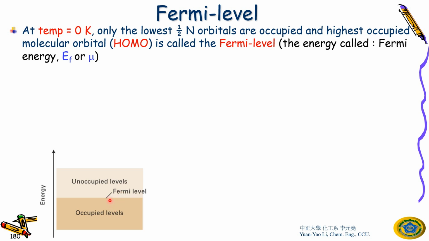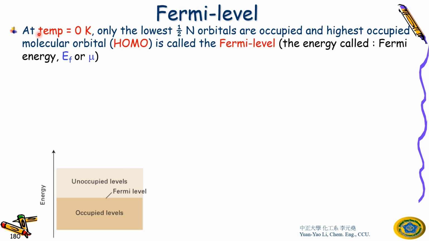So the electron will stay here. However, if you increase the temperature, just a little bit of energy, if you increase the temperature to 1K, that means you have 1K of energy, right? And an electron in this level might jump to the unoccupied level.